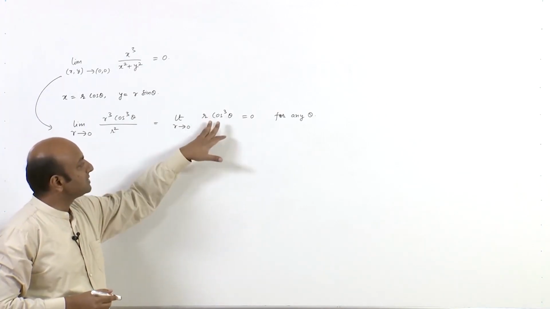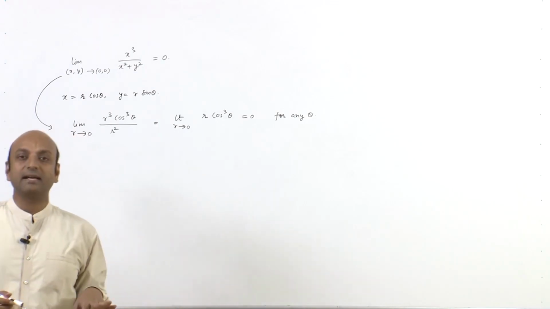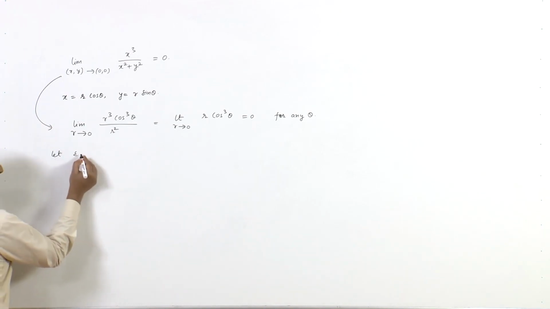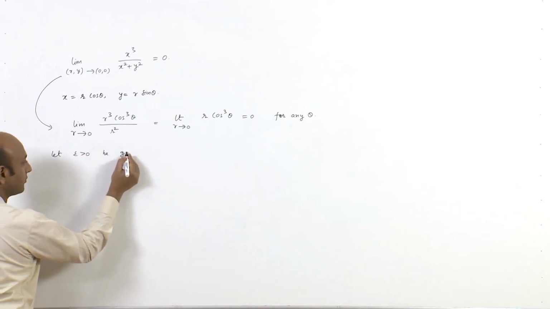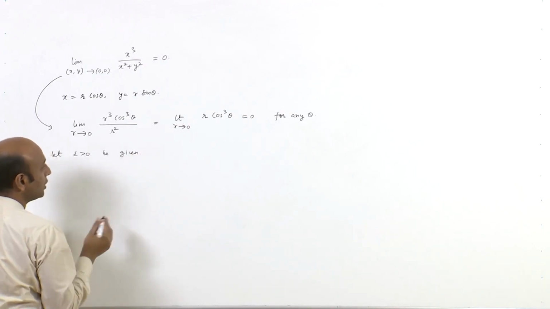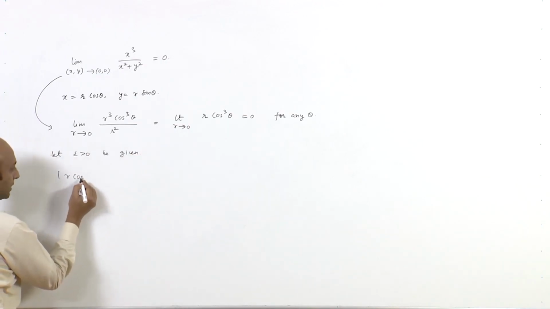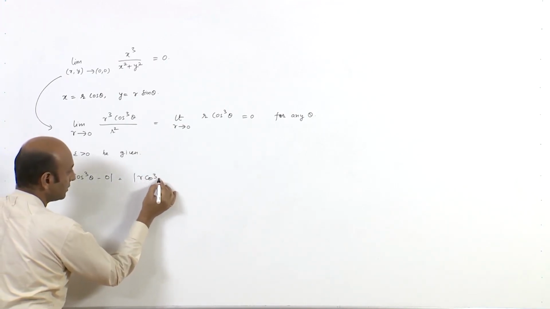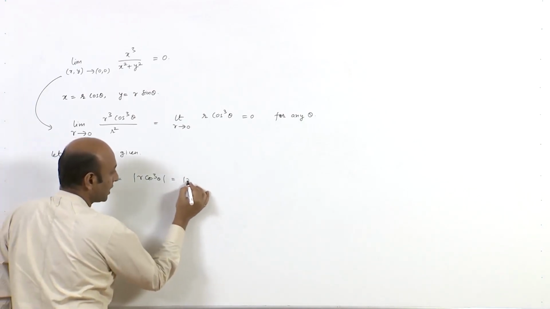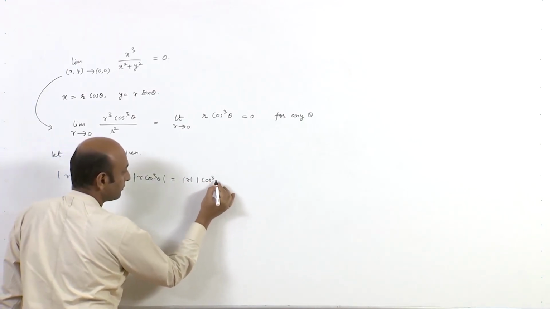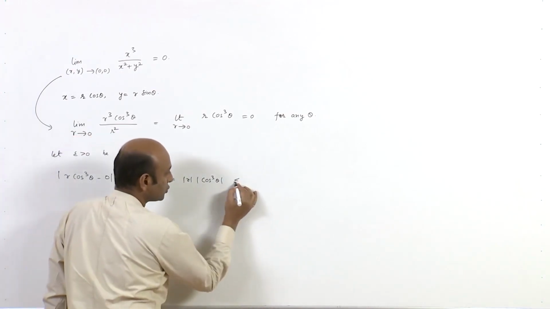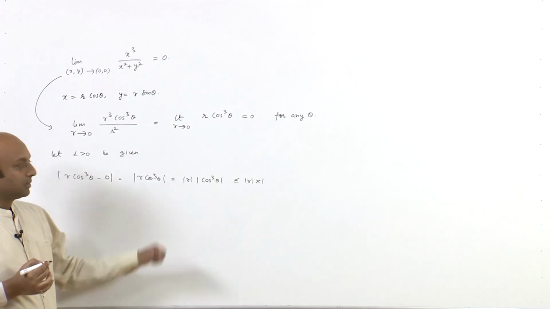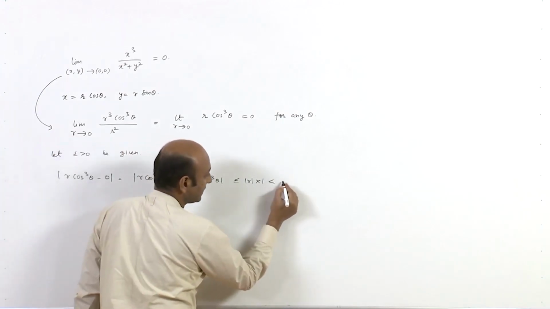Now, to show that this is equal to 0, we will again use the delta epsilon definition. Let epsilon greater than 0 be given. So it is mod r cos cube theta minus 0, which equals mod r cos cube theta, which equals mod r into mod cos cube theta, which is less than or equal to mod r into 1, because mod cos theta is always less than or equal to 1. And this is less than delta.